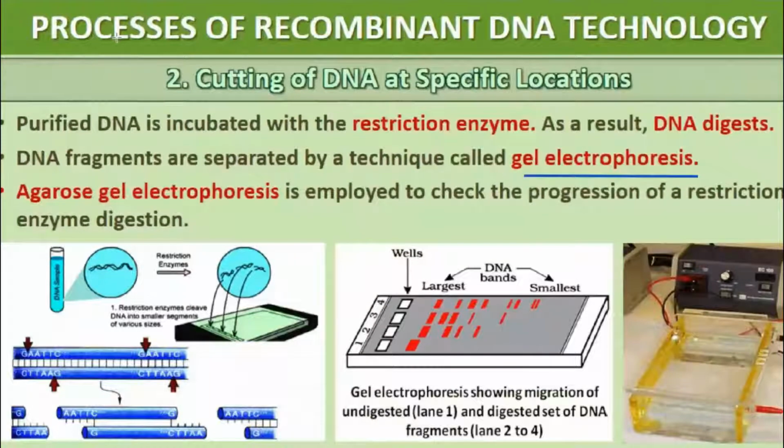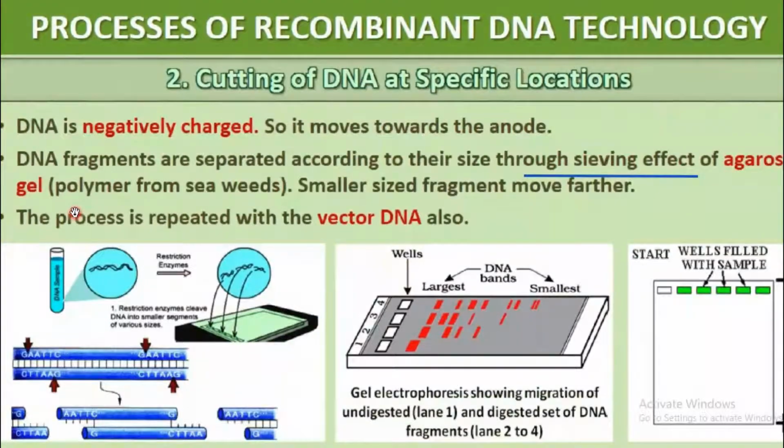Okay. Then a gel electrophoresis consists of agarose gel. So, what is the function of this agarose gel? Agarose gel has the sieving effect. DNA is negatively charged, so it moves towards the anode.